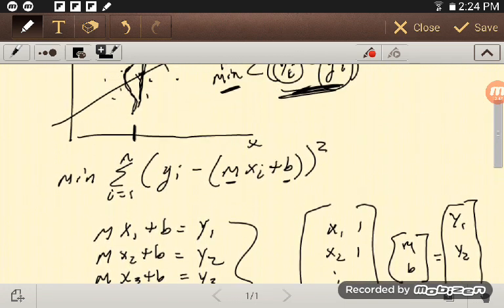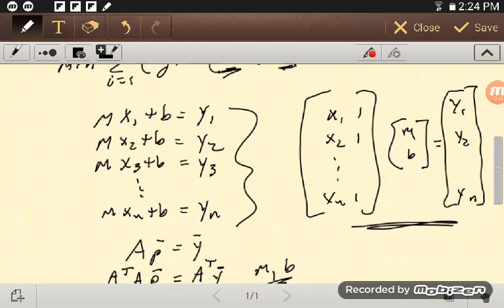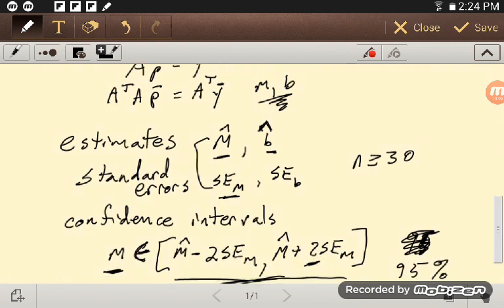Okay, so we can put our data into technology. We can generate an m hat and a b hat, and when we do that, depending on the technology we're using, we can probably get a standard error on those, and then we could create these confidence intervals. We could do the same thing with b, plus or minus 2 of these. And again, if we've got any kind of decent sample size, 2 is a good number.